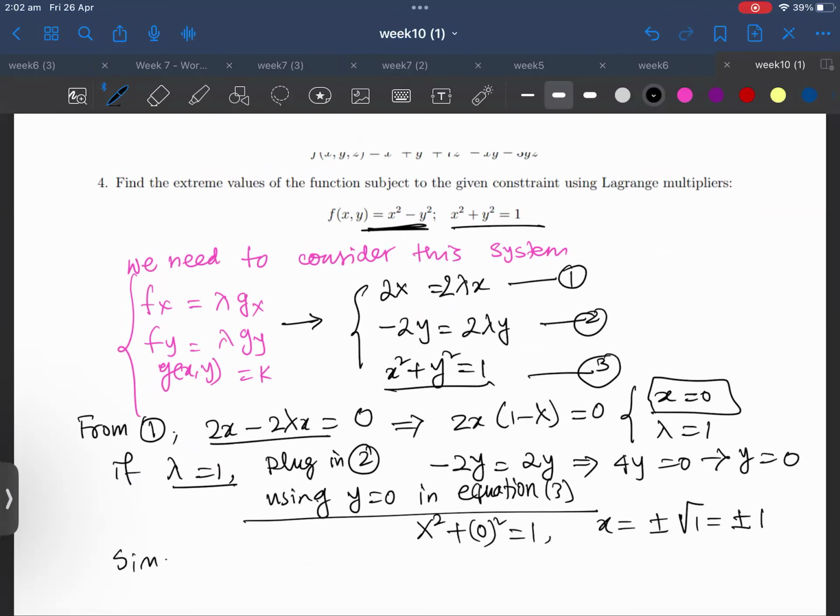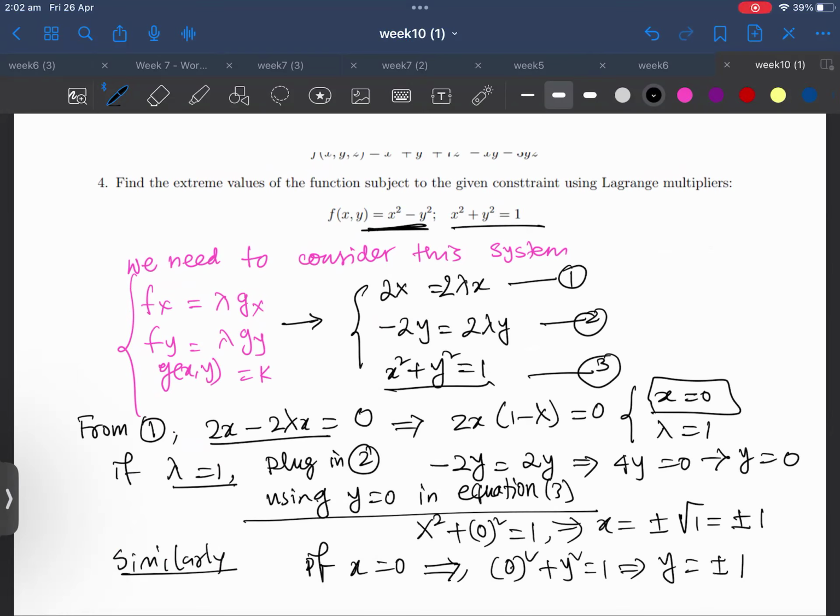Similarly, if x equal to 0, then same way, 0 squared plus y squared equal to 1. So we can find y equal to plus or minus 1.